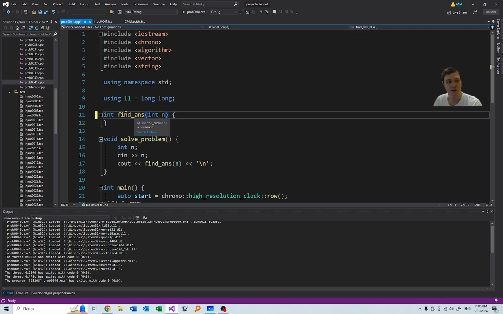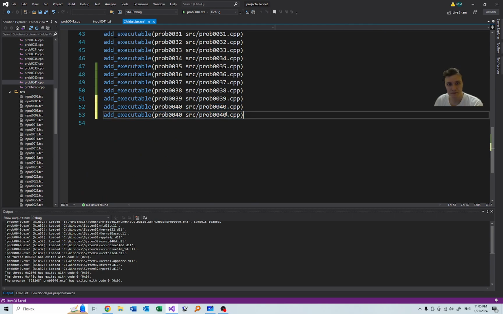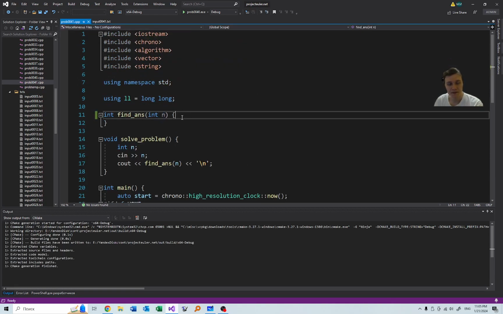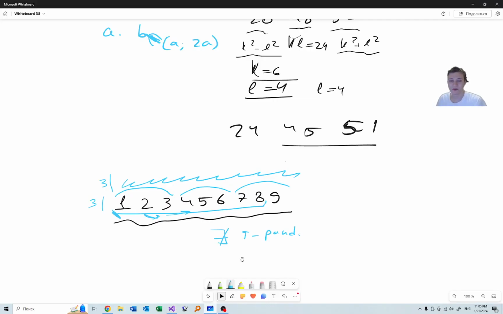So we need maximum n-digit pan-digital prime. To do that, let's start with maximum possible number, which is 8, 7, 6, 5, 4, 3, 2, 1.